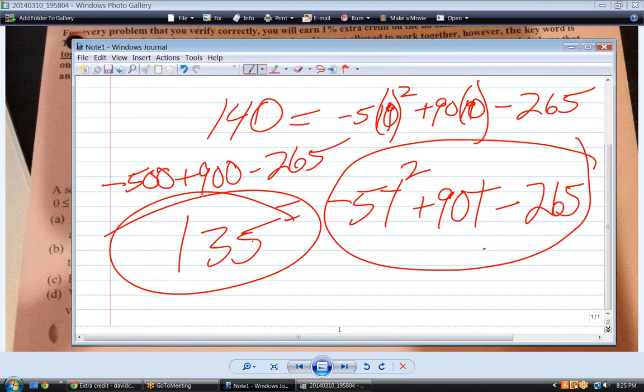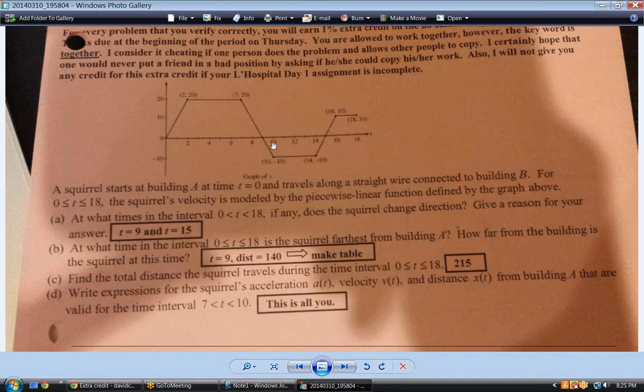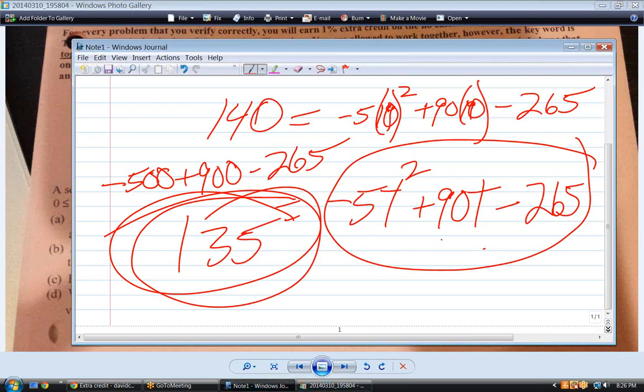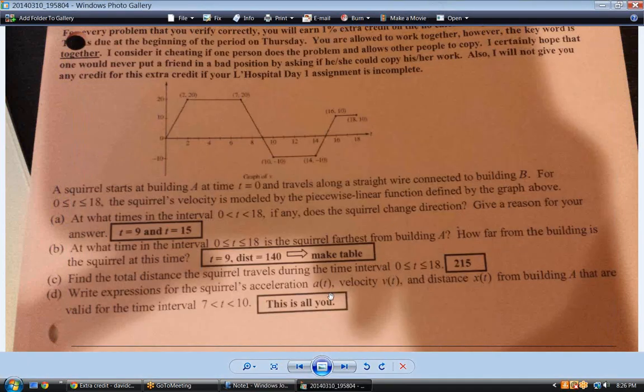This says she went back 5 feet. 765, 900, she's 135 feet from the building at 10 seconds. That should be the area of that triangle. Isn't the area of that triangle 50? No, it's 1 by 10. The area of that triangle is 5. So that's right. Okay. That expression is the correct expression for the distance from the building. And it was basically just integrating and solving for C.